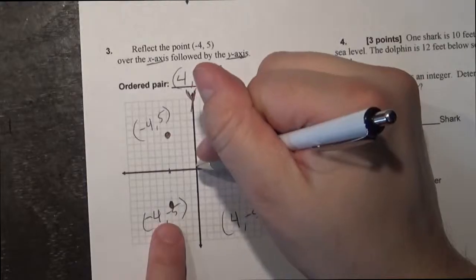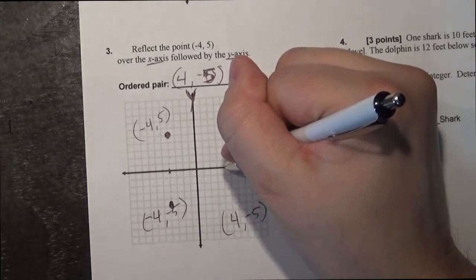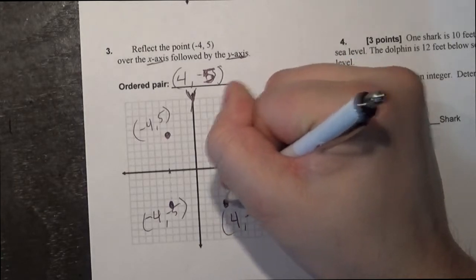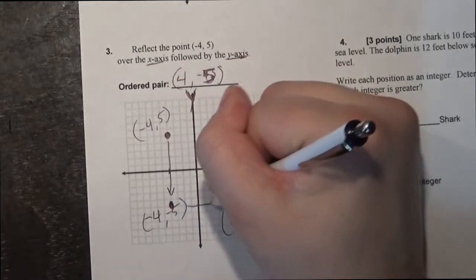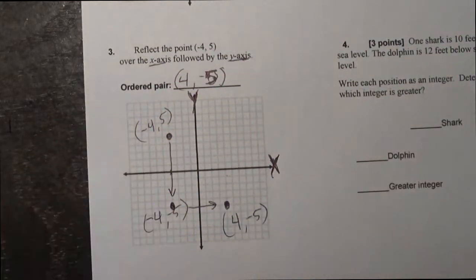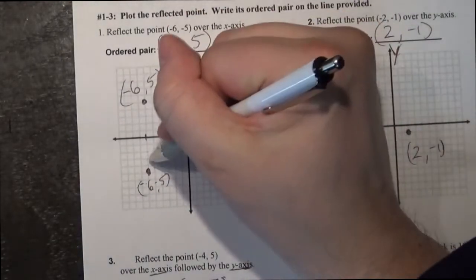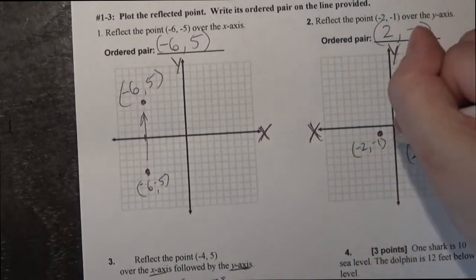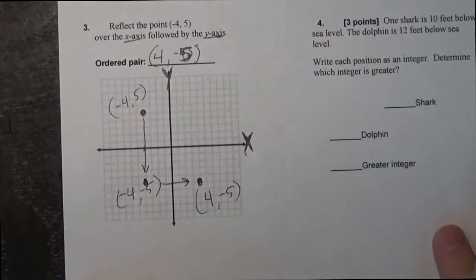So if I go over 4, 1, 2, 3, 4, down 5, 1, 2, 3, 4, 5, right there is my reflection. And what I might do even is show that reflection to help myself figure out where I'm going. Just like I could show my reflection in all these other ones, which I didn't do, and maybe I should have, just to help you out here in the video. Okay, so that arrow shows us which direction that reflection goes.